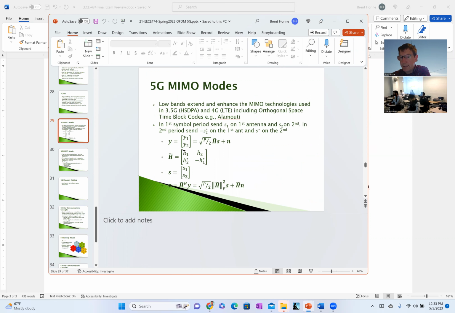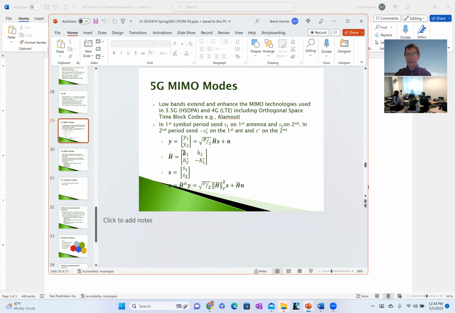we have two antennas, and during a given symbol period, we'll send two symbols, right? So symbol one, symbol two. Normally we would send those in sequence, symbol one and then symbol two. But if we have two antennas, we actually send them both at the same time. We send symbol one on one antenna, symbol two on another antenna. But then in the next symbol period, we mess with them a little bit.